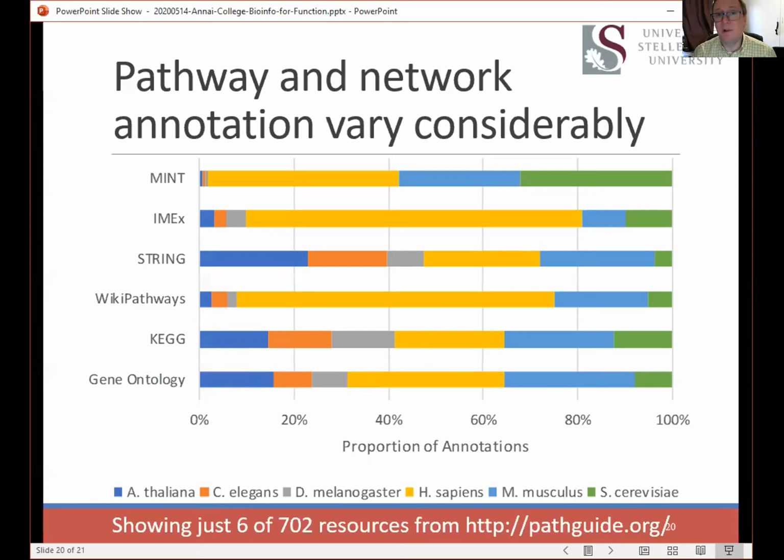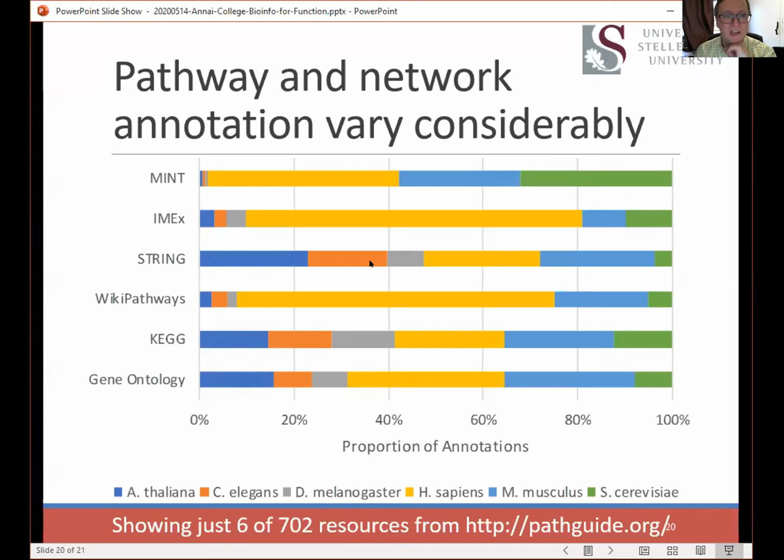Okay. A lot of people, I think, also use KEGG pathways, the Kyoto Encyclopedia of Genes and Genomes. What we see, however, is that their coverage across species is actually quite good. They haven't totally neglected one of these 6 species in favor of the others.